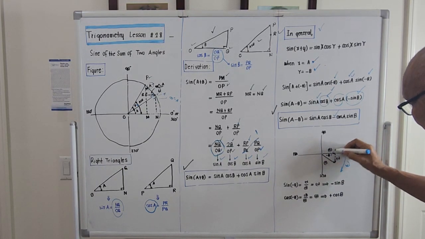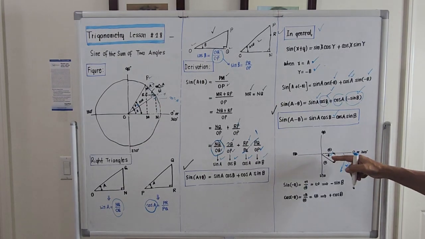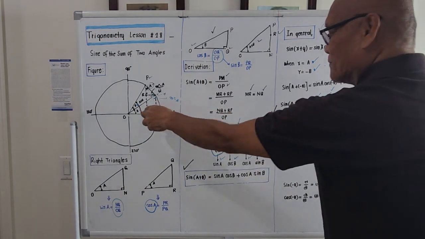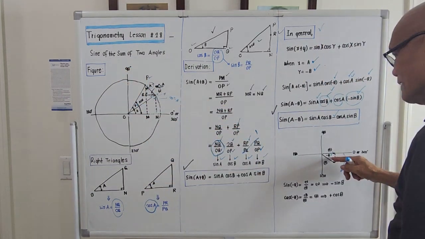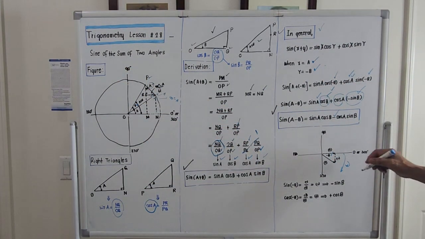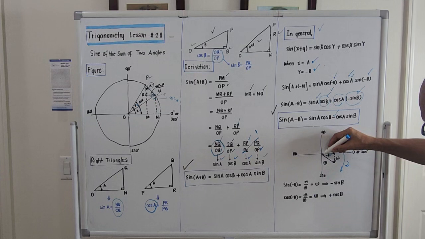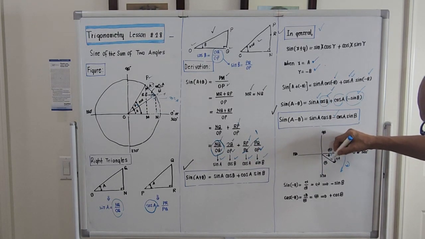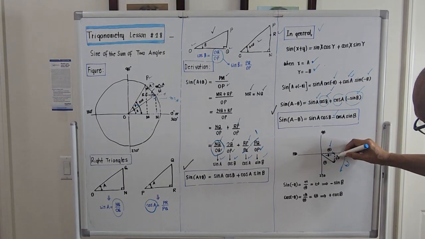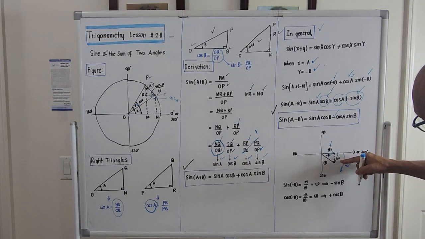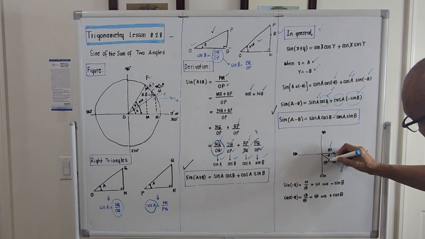So this is negative angle B. On the first one, it is plus B because it is measured counterclockwise. But if it is clockwise, it should be negative. This side here should be plus, the vertical side will be minus, and the hypotenuse will be plus.